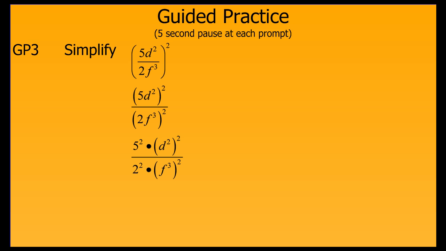So 5 to the second power and d squared to the second power in the numerator, and 2 to the second power and f cubed to the second power in the denominator. Now what? Now we simplify to get to our answer. 25d to the 4th in the numerator, 4f to the 6th in the denominator. That's simplified form.